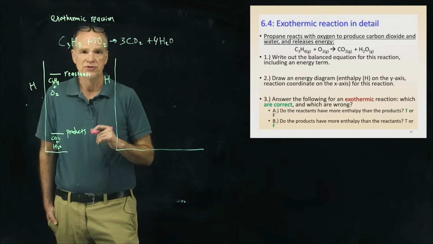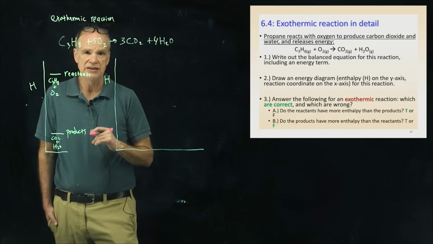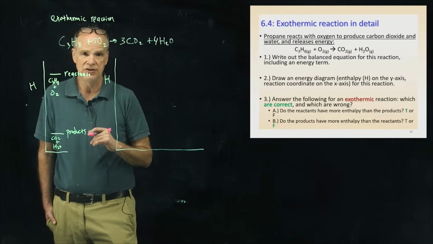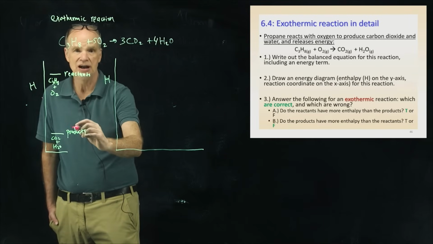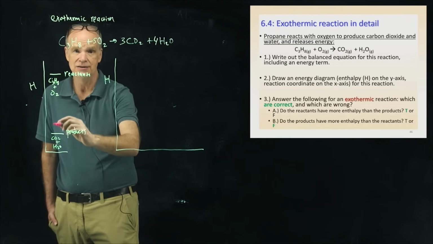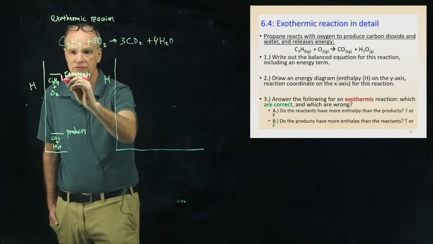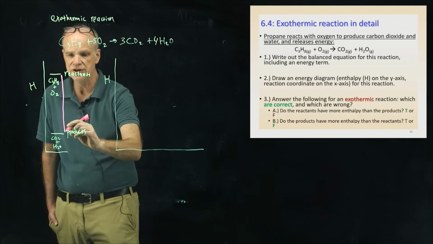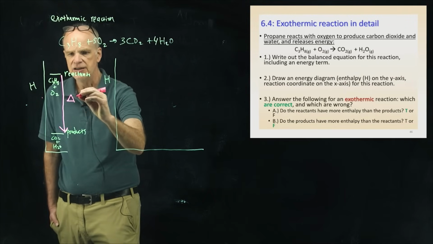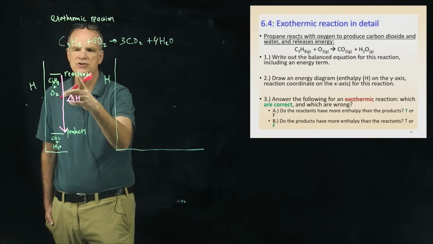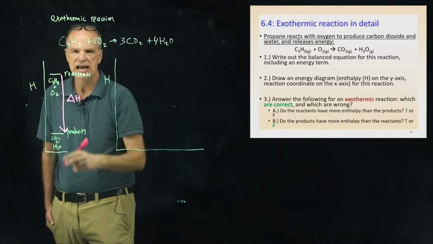Okay, so let's say we want to indicate what the change of enthalpy is in this diagram. So we're going from reactants to products, and you can see that the enthalpy is falling. So we're going from here, the reactants, to here, the products. So the change of enthalpy is this difference here between the H of the reactants and the H of the products.